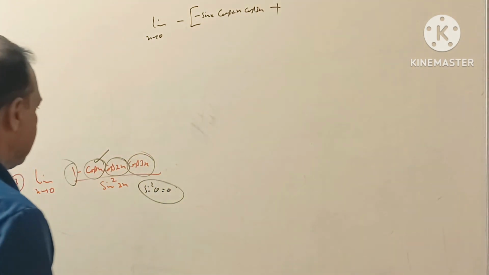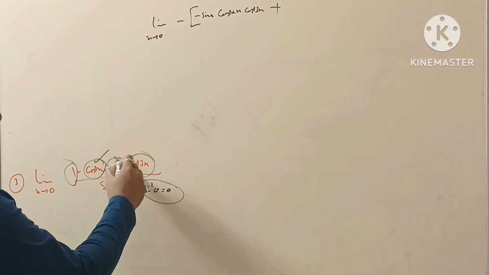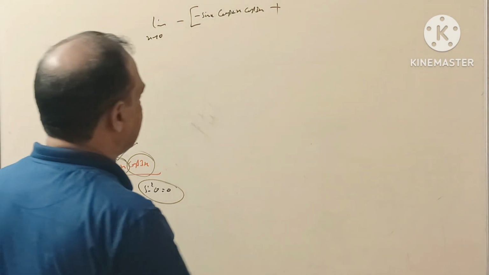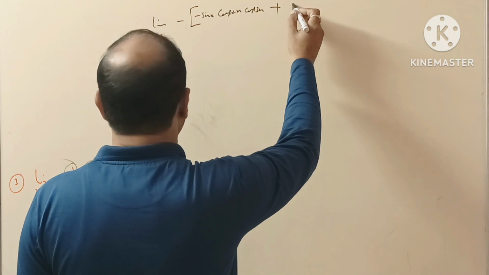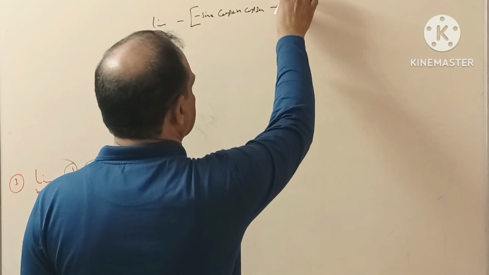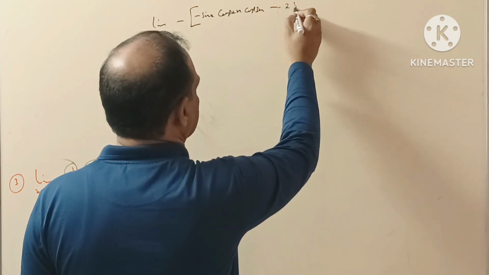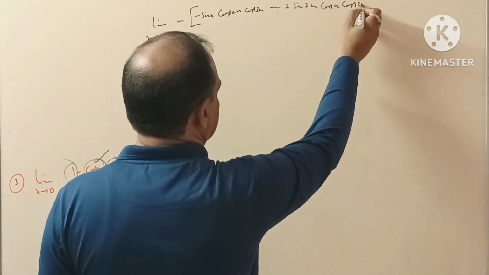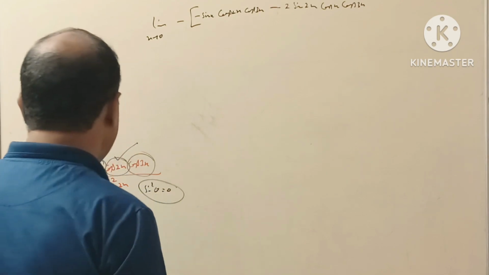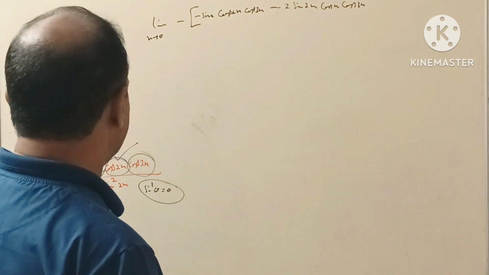Plus, in the second part, if we differentiate cos 2x, then cos x and cos 3x remain as they are. Cos 2x differentiates to minus 2 sin 2x, so we get minus 2 sin 2x cos x cos 3x. And in the third case, we differentiate cos 3x.